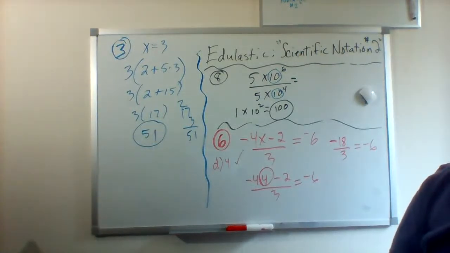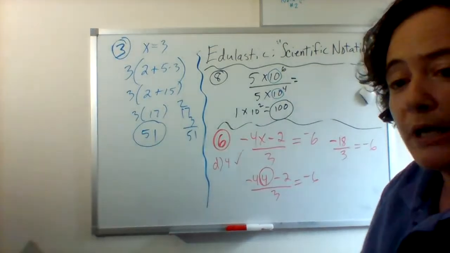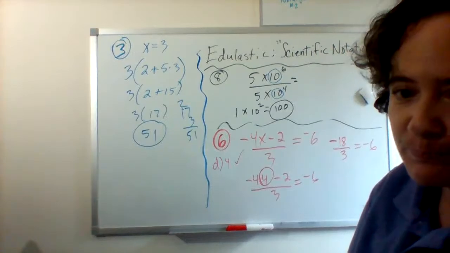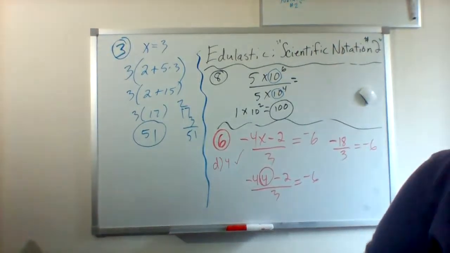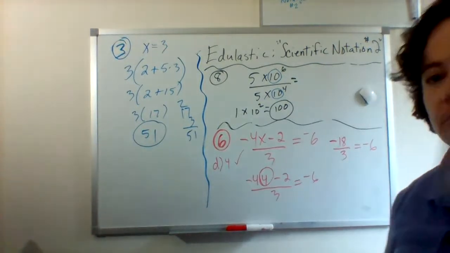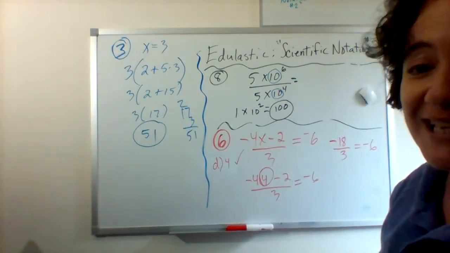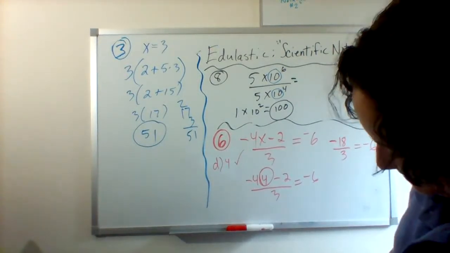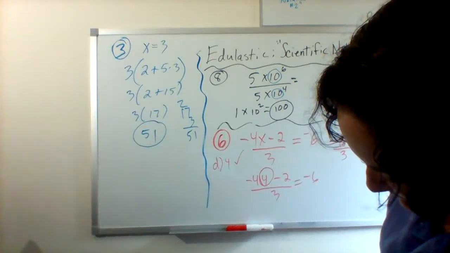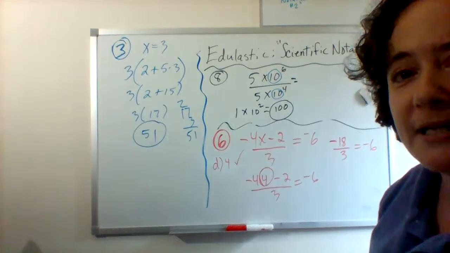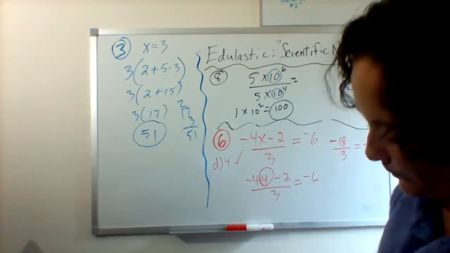So 1, 2, 3, 4, 5, 6, 7, 8, 9, 10, 11, 12, 13, 14, 15. Oh, we got up to 16 today. Good job. Yo, 17. No, good night. Get on Edulastic. We still got 4 minutes. Good night. What did you do? You stayed up all night? You better get back on the school schedule, mister.